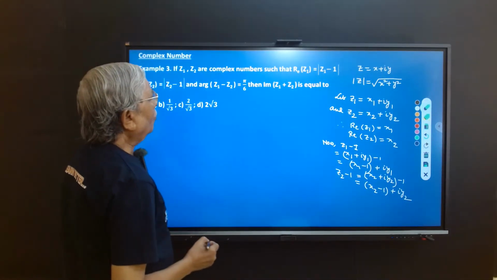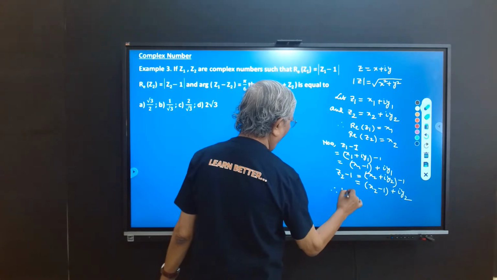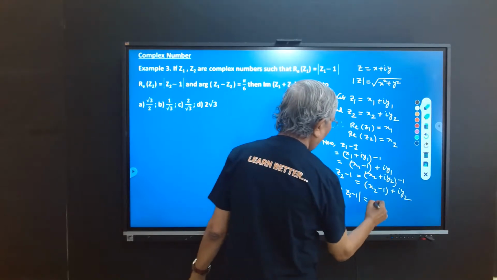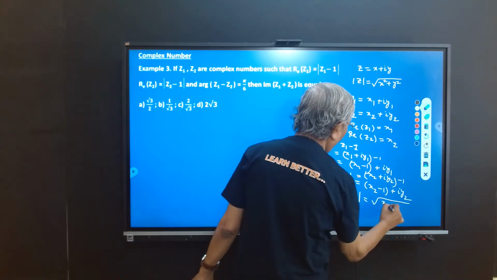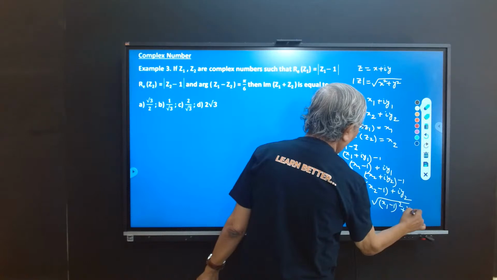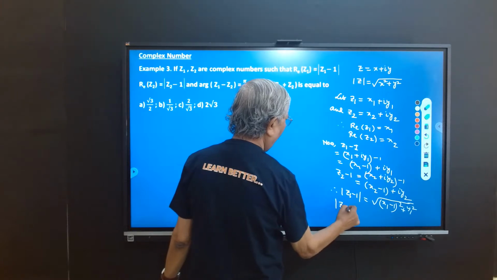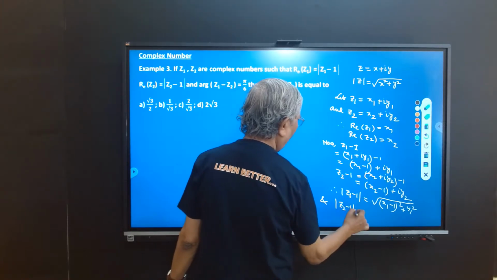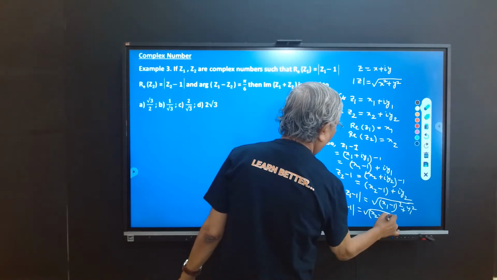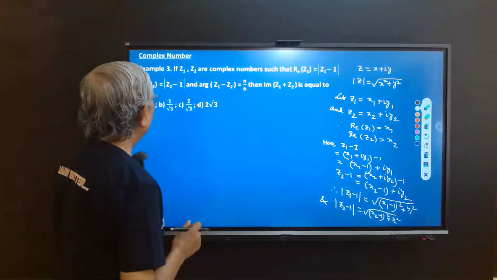So mod of z1 minus 1 equals root over (x1 minus 1) whole square plus y1 square, and mod of z2 minus 1 equals root over (x2 minus 1) whole square plus y2 square.